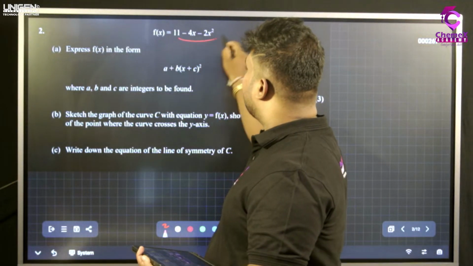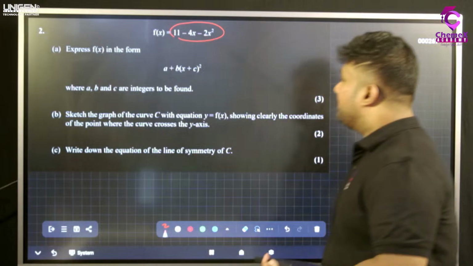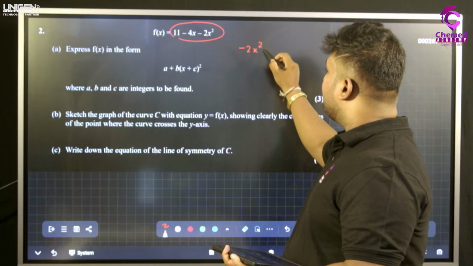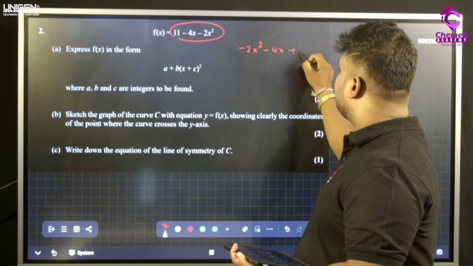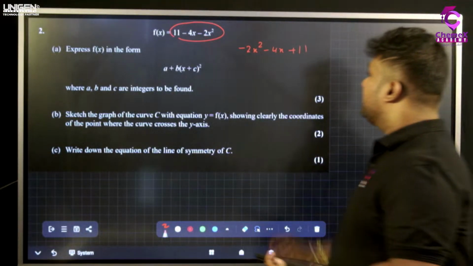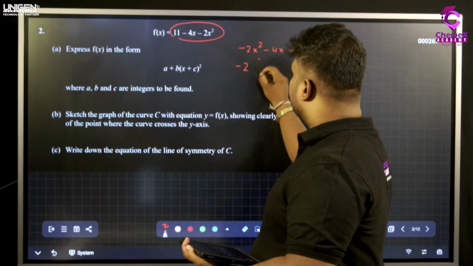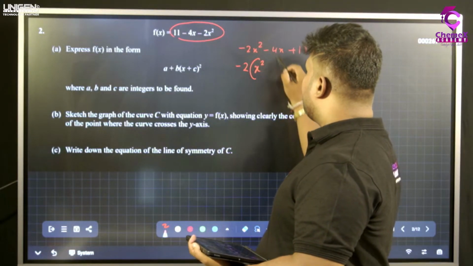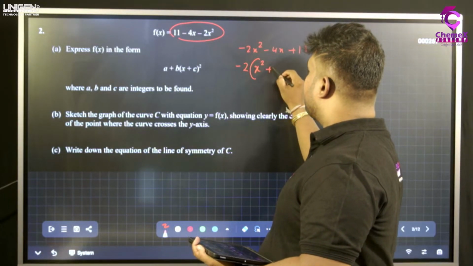So first, what are they asking? You need to complete the square. So I can write it in terms of the quadratic, ax squared plus bx plus c. So I can take the minus 2 out. So it's going to be x squared minus 2 into what is, it's plus 2x, right?